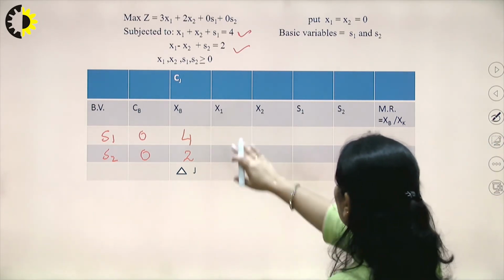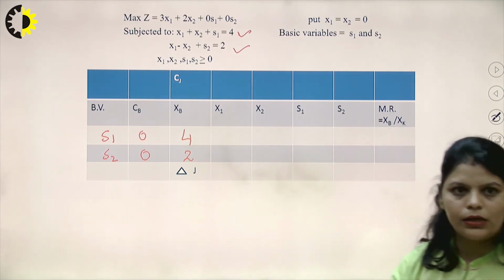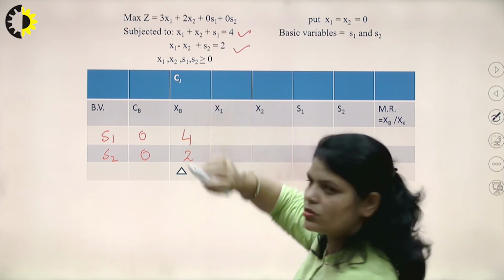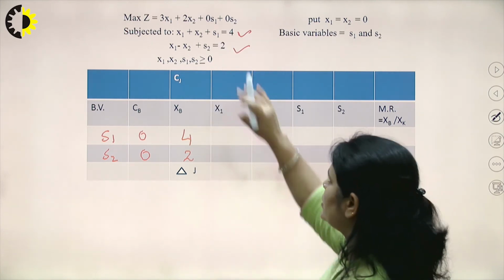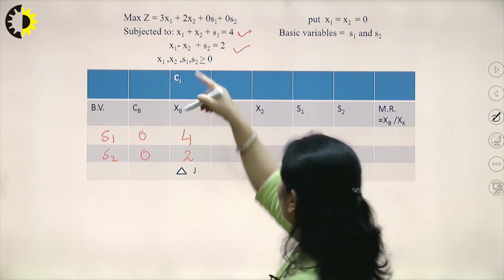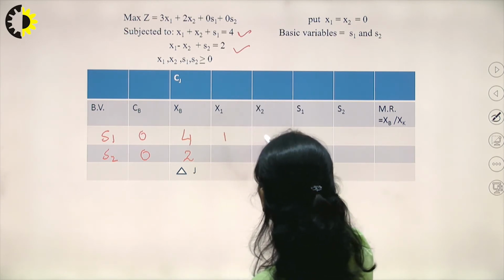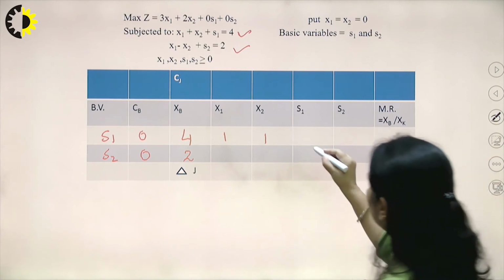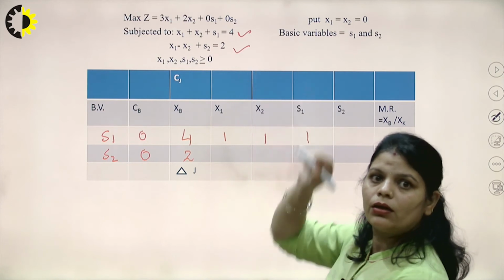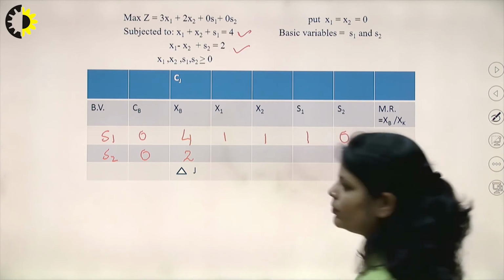Then here we have the 4 variables x1, x2, s1, s2. Clear? These values we will get from these two equations, meaning the coefficients of these variables in these two equations. So we will go for the first equation. The coefficient of x1 is 1, the coefficient of x2 is also 1, s1 is 1, but there is no term of s2 in the first equation, so we will write down here 0.